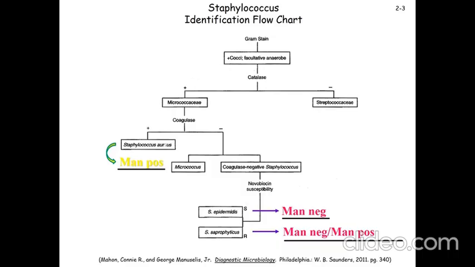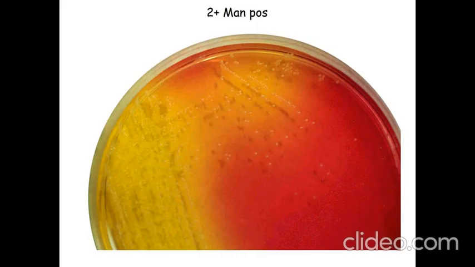Again, further testing would have to be done to confirm that it is truly a Staphylococcus aureus versus one of the coagulase negative staphs, CNS. Remember that mannitol reaction, we would be looking for the yellow color to appear. So mannitol positive would be a yellowing of the agar.